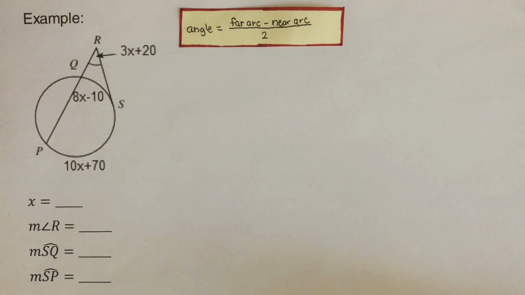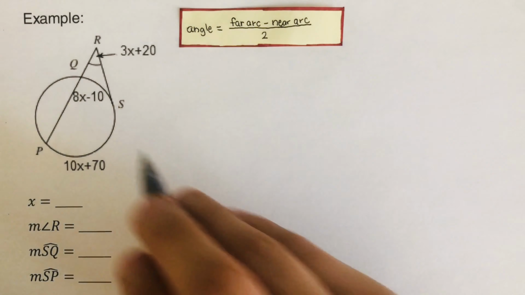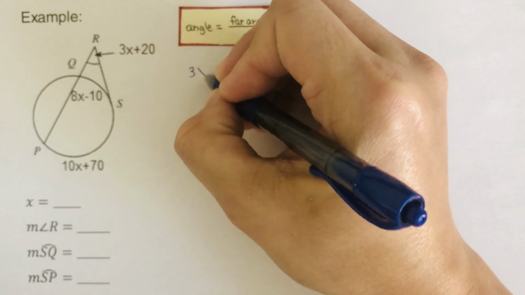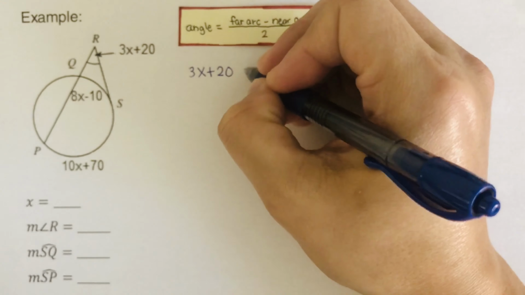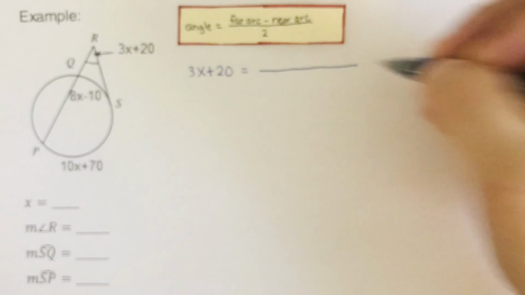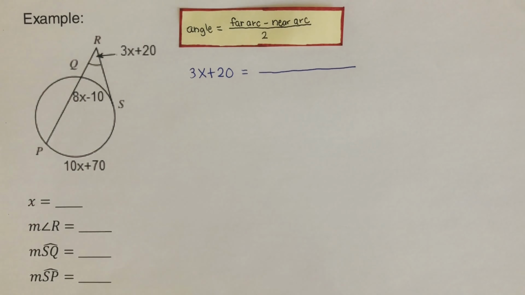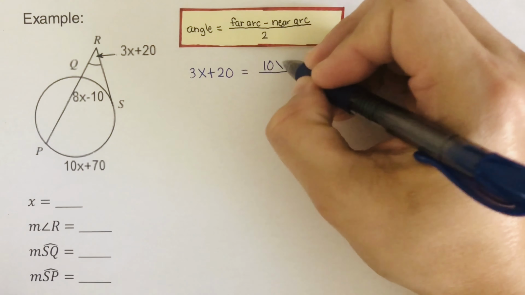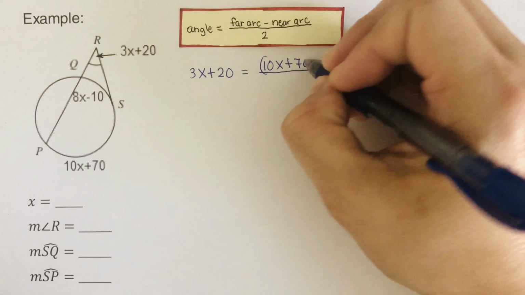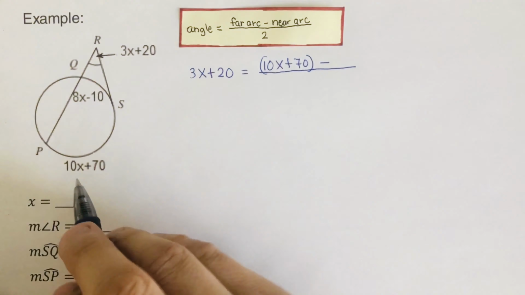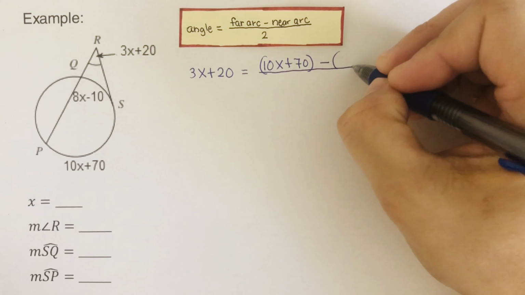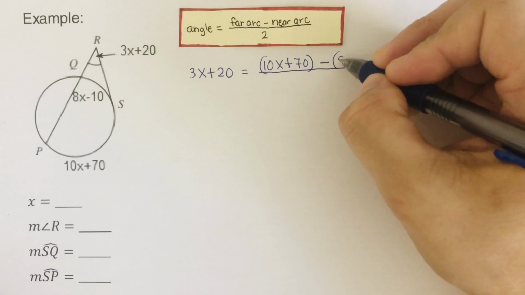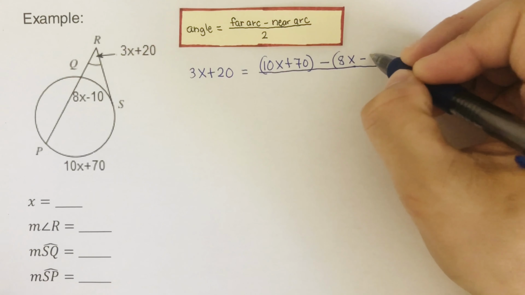So we put in the values. First, our angle here is 3x plus 20. So 3x plus 20 equals the far arc, which is 10x plus 70, minus the near arc. I'm putting it inside parentheses, which means they're together, that's the near arc, 8x minus 10.